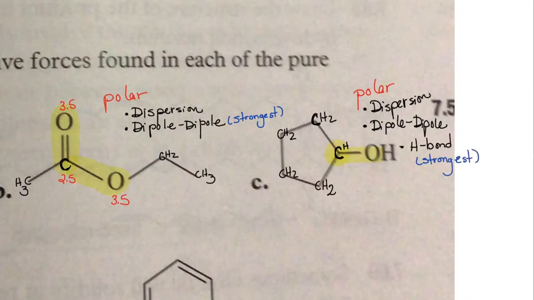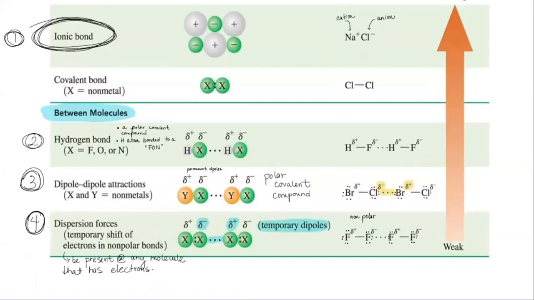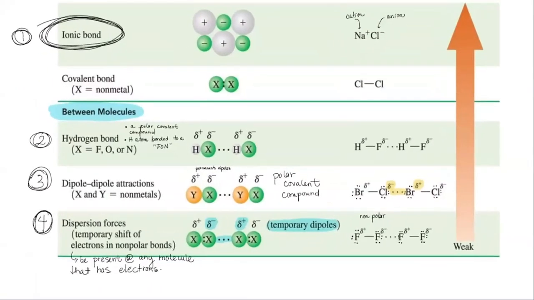So when we look at this, let me give you guys the shorthand. If you have a molecule that, with the flow chart, you determine has hydrogen bonding, anything below hydrogen bonding will also be included.